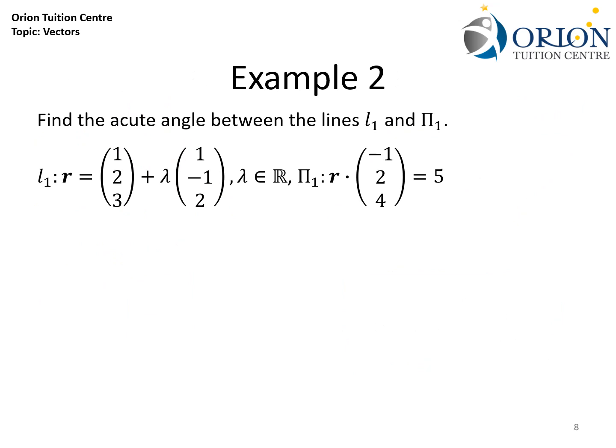In example 2, we have to find out the angle between L1 and pi 1. So we can just apply the formula directly, since we know it is the angle between a line and a plane.